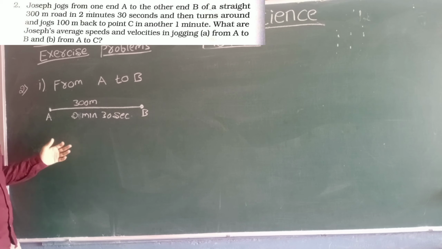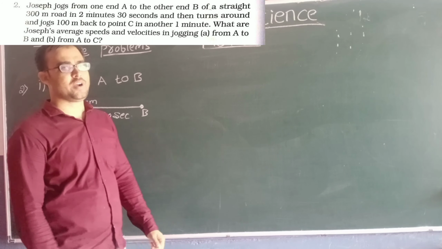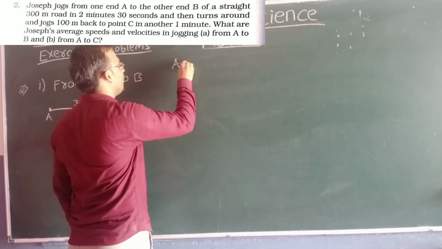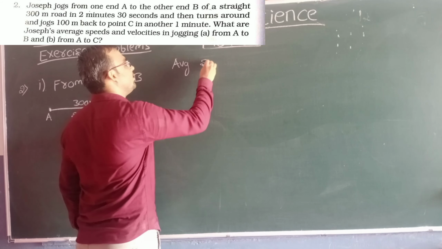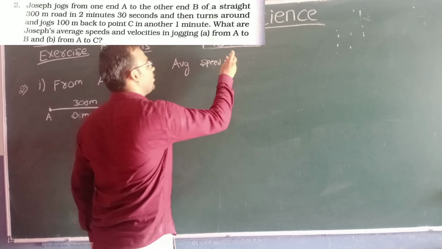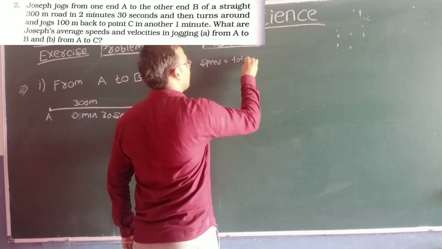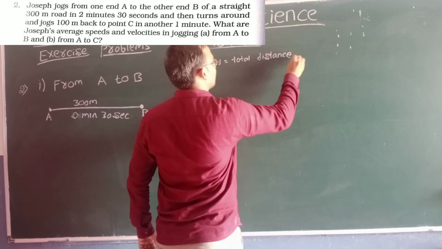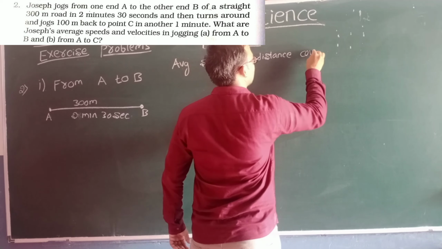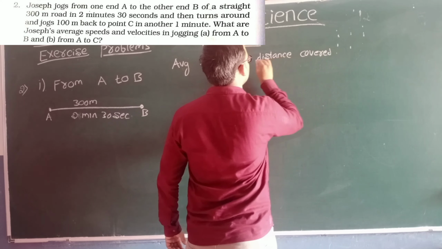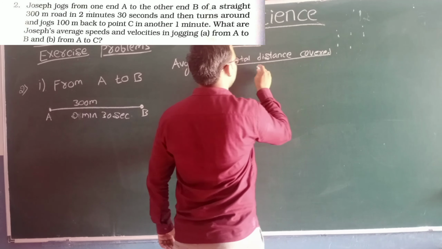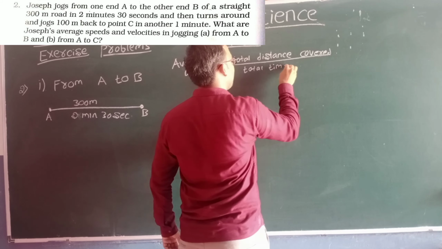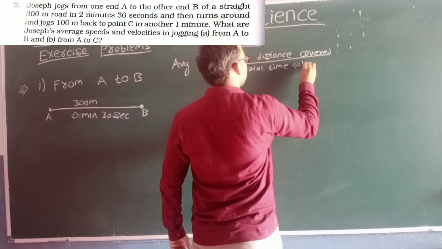So now what we need to find is first the average speed. Average speed is nothing but total distance covered by total time taken.